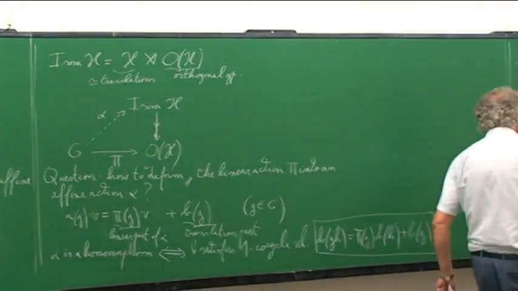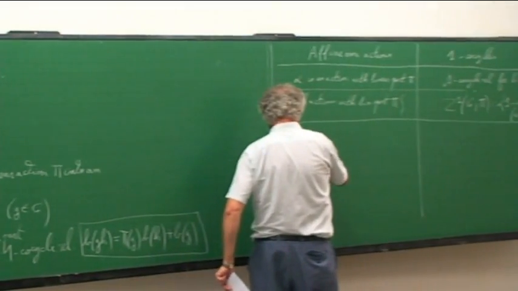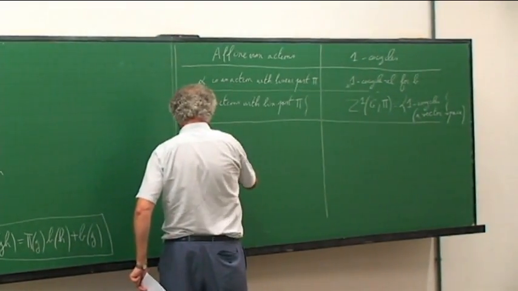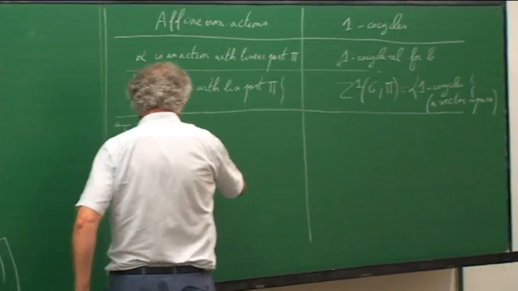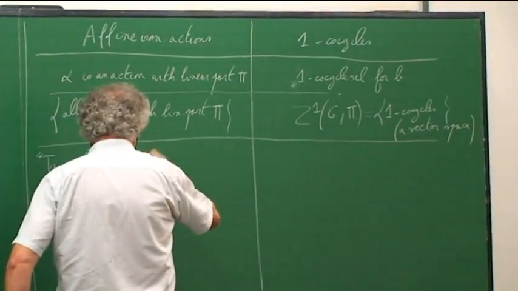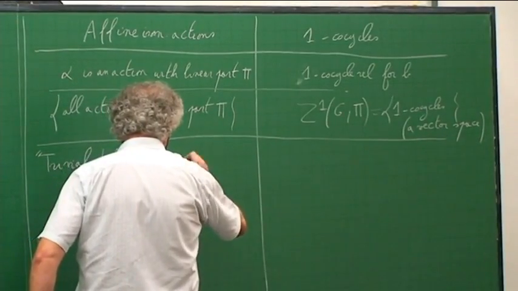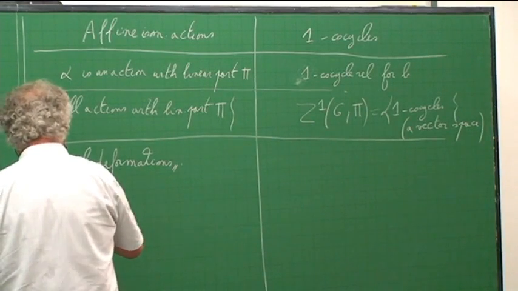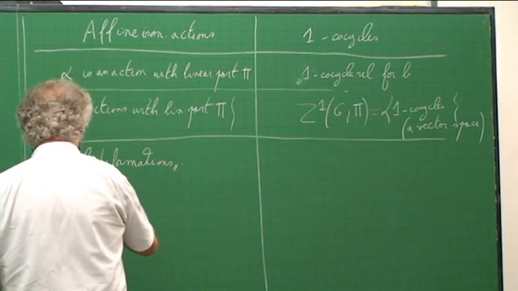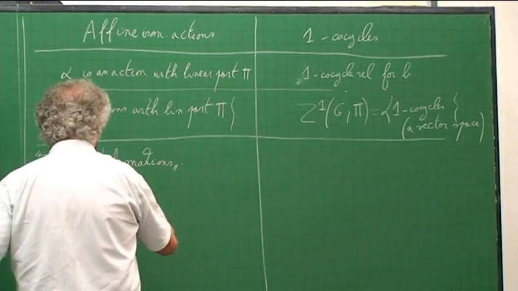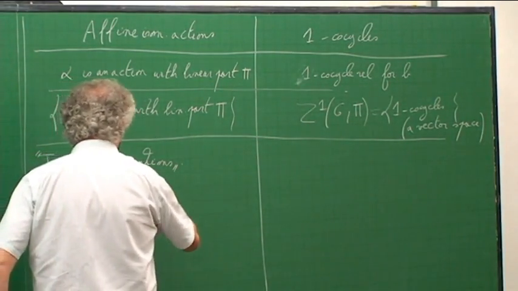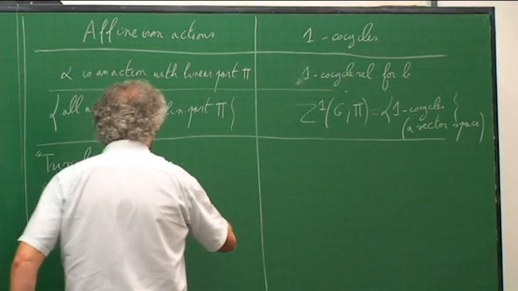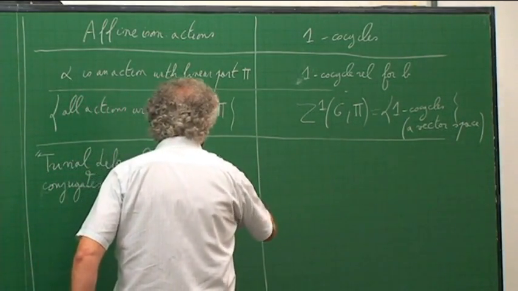And so trivial deformations, in quotation marks, will be conjugates of pi by translation.